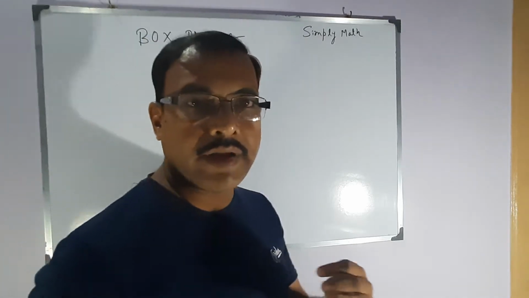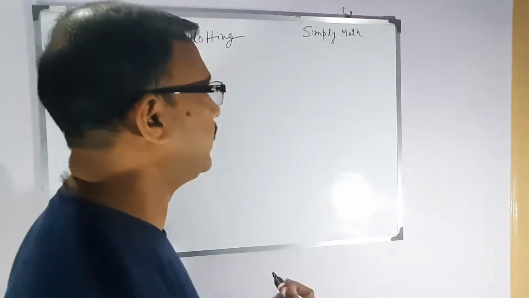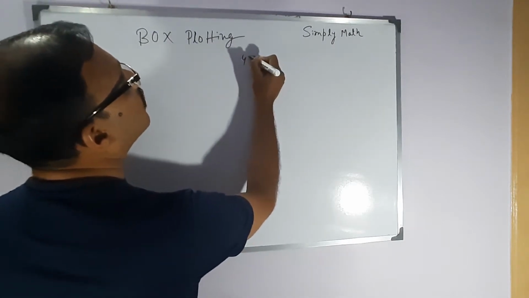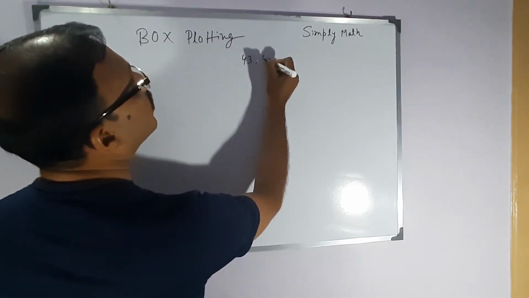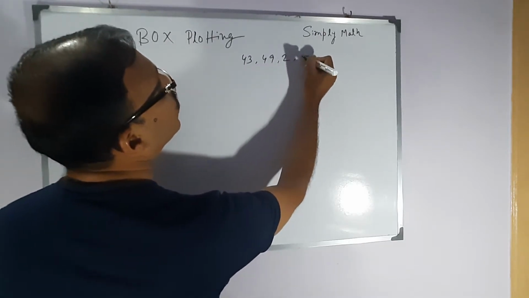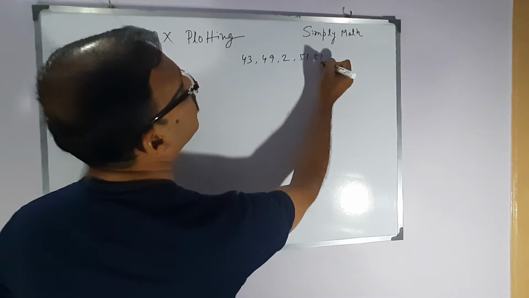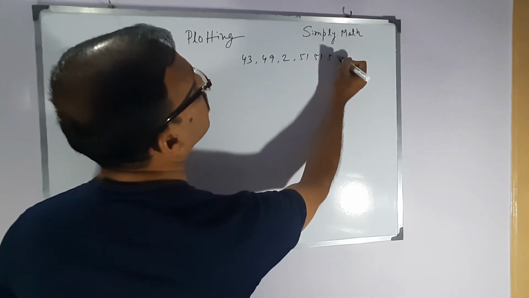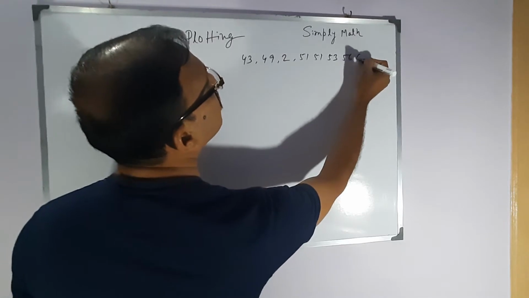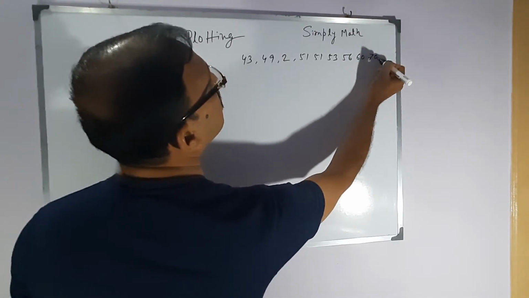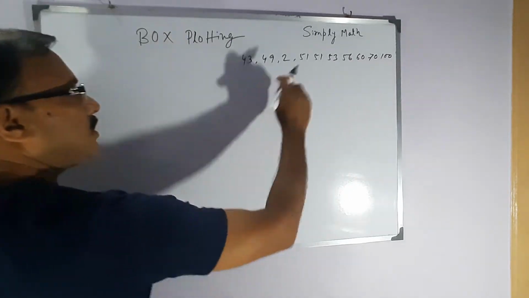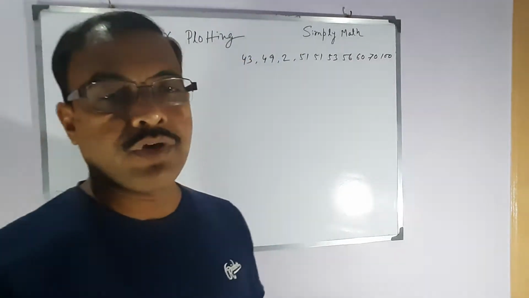With this trend analysis I have got some data like 43, 49 and 2, 51, 51 and 53, 56, 60, 70, 100. This sort of data I have got.